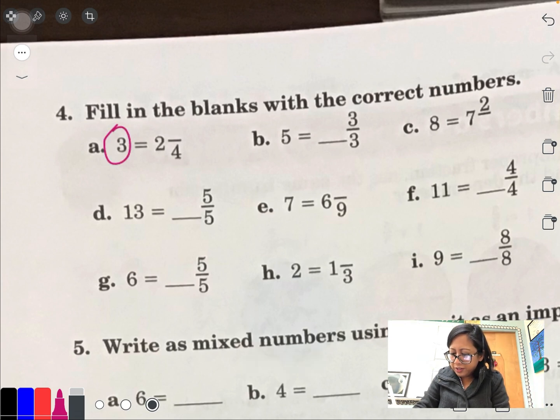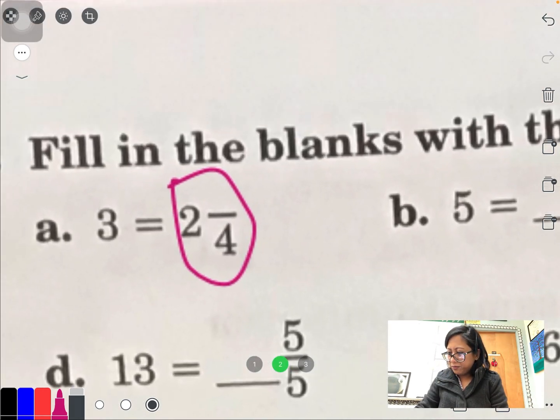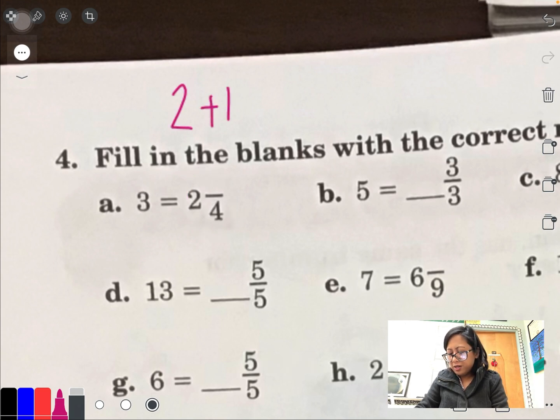Now, take a look at this. What are you missing? I'm going to show you a trick. 2 plus 1 equals 3. Okay? This needs to equal 1. Again, this needs to equal 1.